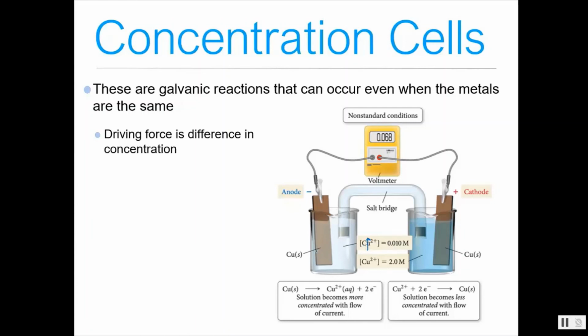We could do that by taking some of this solid copper, oxidizing it to become copper 2+. Or we could reduce the concentration of the copper here so that we have equal concentrations on both sides. And the way that we could do this is to take the copper 2+ that's in solution and reduce it so that it plates onto the electrode.